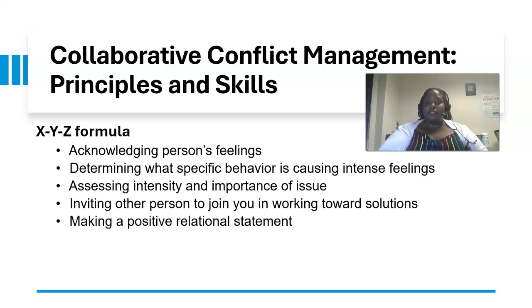Assessing the intensity and importance of the issue. So is it really big? Is it a moderate issue? Is it a small issue? What can we do with this? Inviting the other person to join you in working towards the solution, working together, collaboration, and making a positive relational statement. So making sure that we're staying positive and we're working together and uplifting each other even in conflicts.